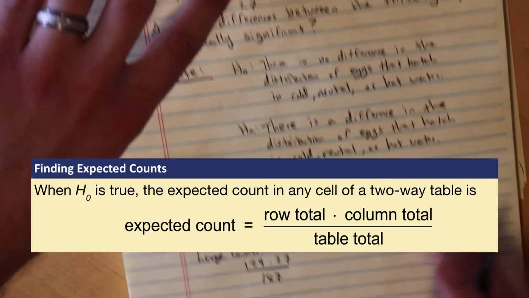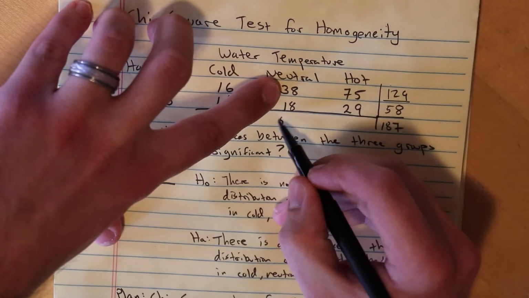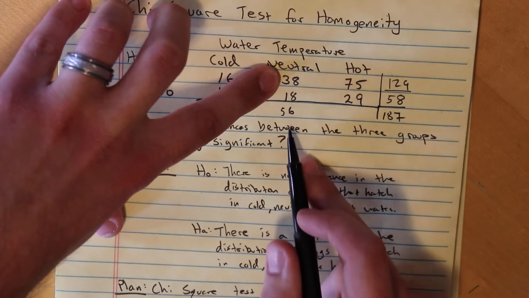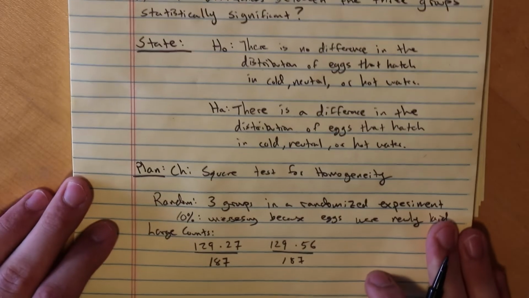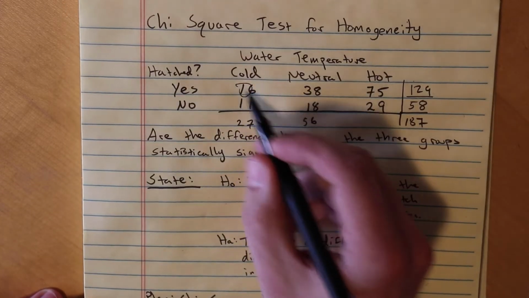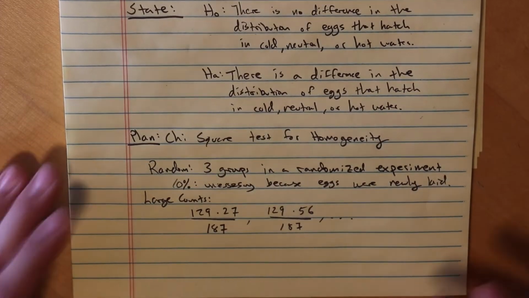I would do the same thing for the next one. 38's expected count would be the row total of 129 times the column total of 56 divided by the total of 187. And I would have to go on and do that for every one of the 6 observed results. Honestly, I don't really want to do that.